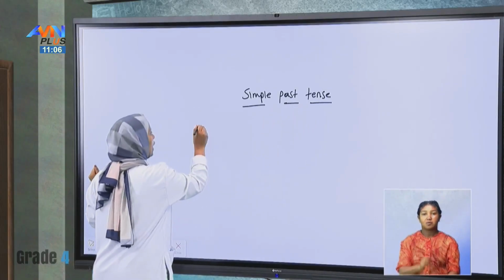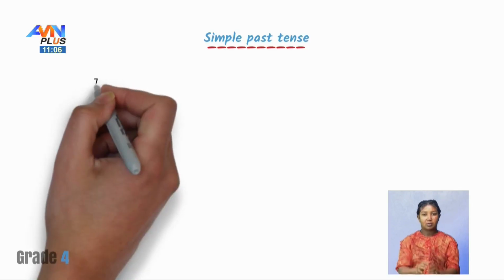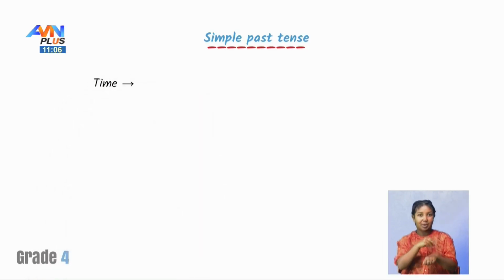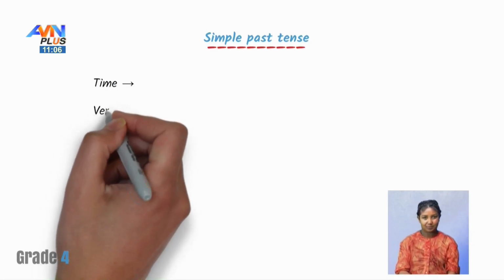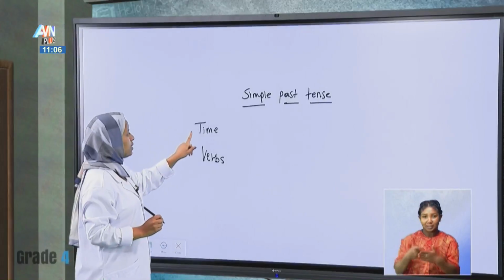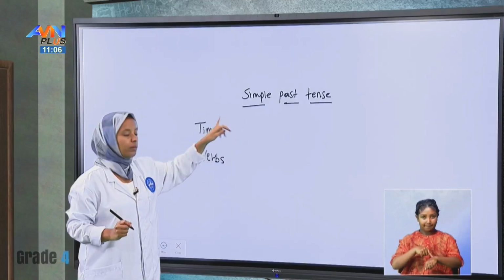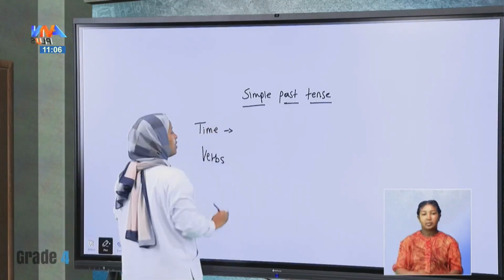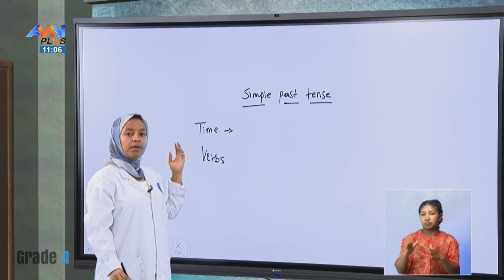For every tense, we can check two things: time and verbs. The first thing is time. Which kind of time are we going to use? This is already past and previous time.